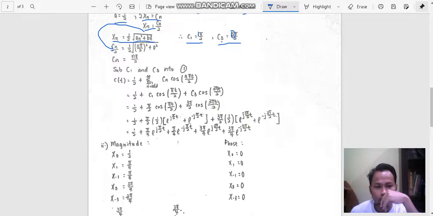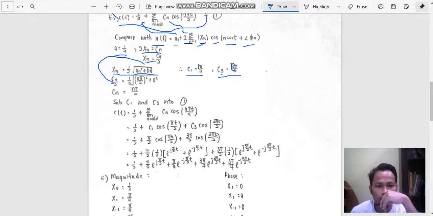We substitute the values of C1 and C3 into the equation, and we get 1 over 2 plus C1 cos pi t over 2, because it's C1, plus C3 cos 3 pi t over 2, because of the C3.